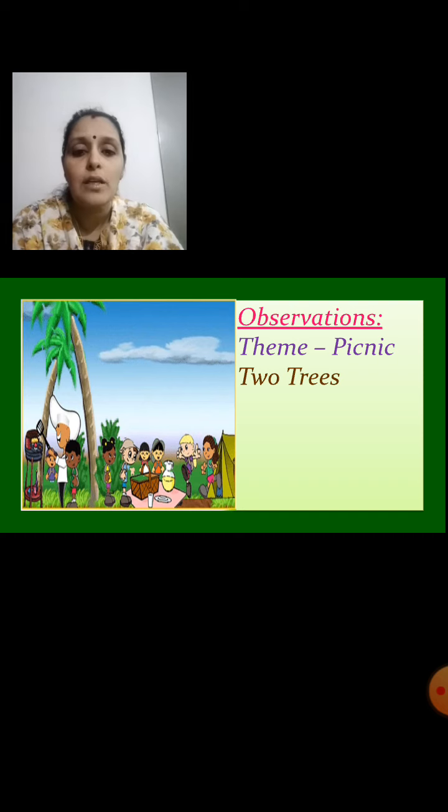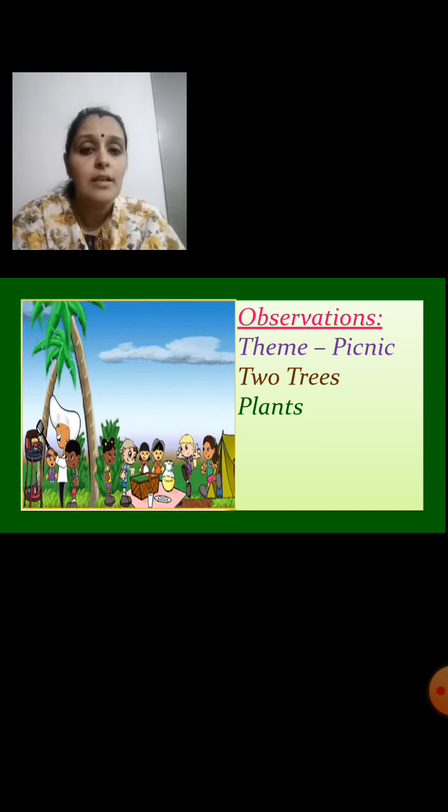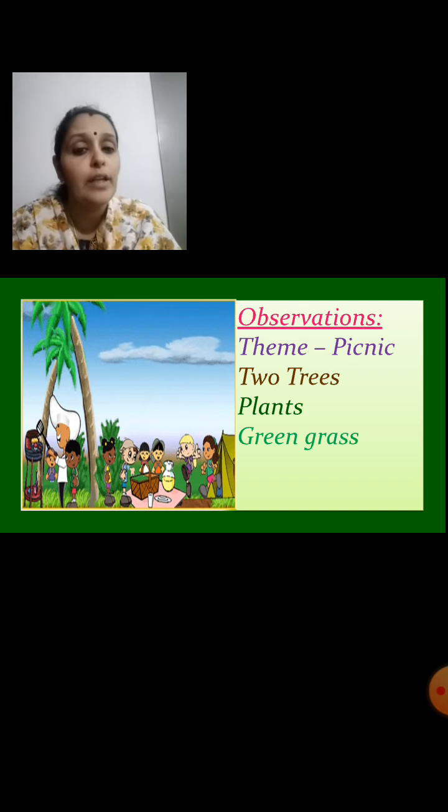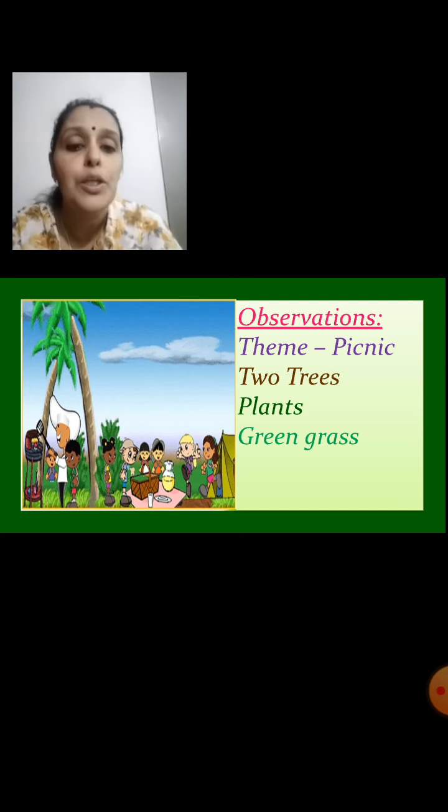Now next, what do I see? I see two trees over there, right? Then I see some plants, and then I see green grass also, right? Now see children, I told you we are going to write the points logically. What does that mean? I have written two trees over there.